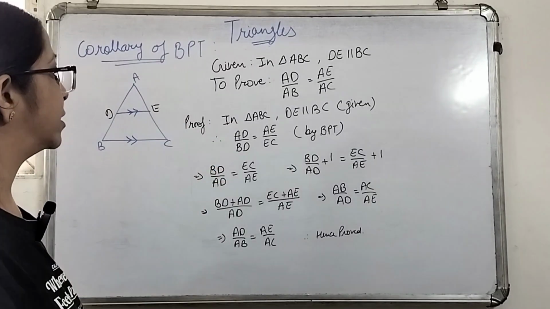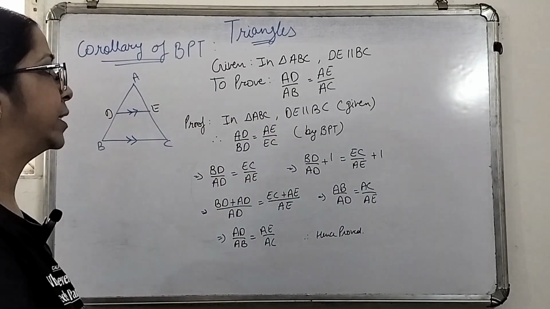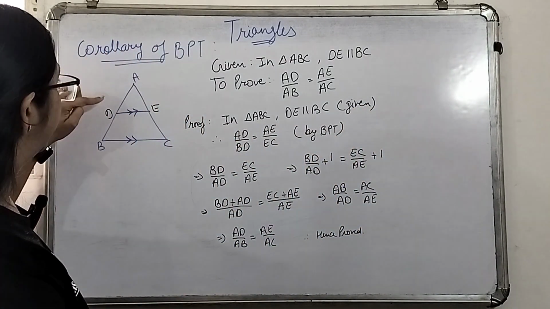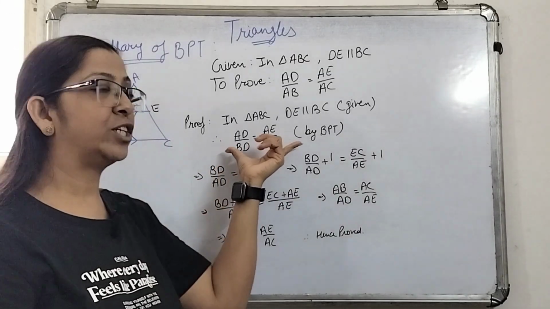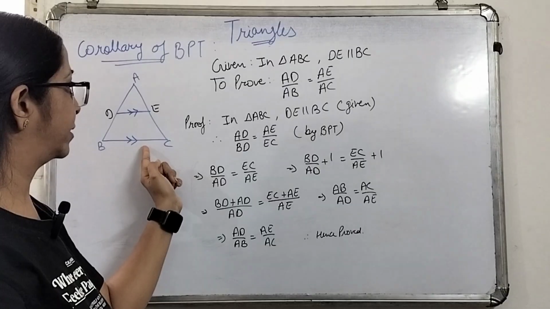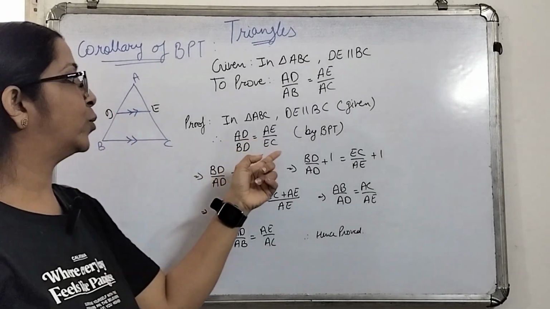Now how to prove it? In triangle ABC, DE is parallel to BC. It is given to us. And by BPT, we can say that AD over DB will be equivalent to AE over EC. Just now we have proved the BPT. Because these two lines are parallel in a triangle, AD over DB will be equivalent to AE over EC.